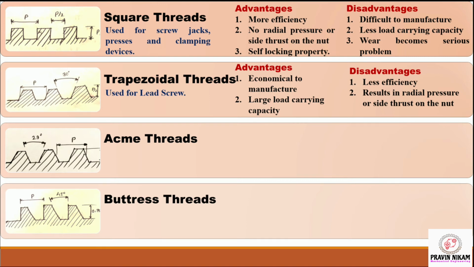Then the next type of thread is Acme threads. The difference between trapezoidal and Acme thread is only the angle. In trapezoidal thread the angle is 30 degree. In Acme threads the angle is 29 degree. But all other things are same. So trapezoidal and Acme threads are identical in all respects except the thread angle.